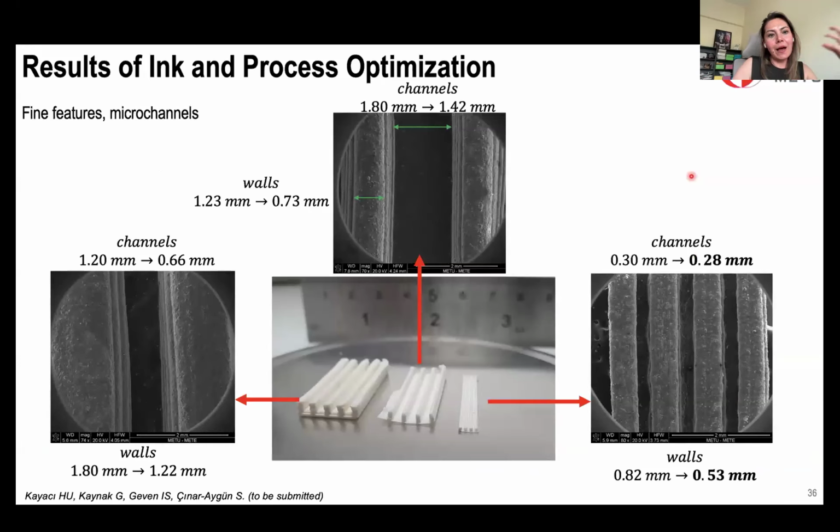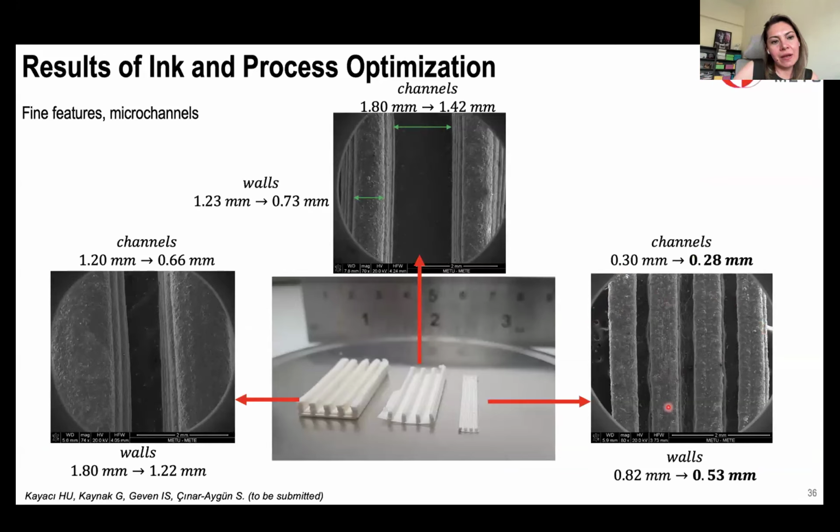Since we have these agglomerate- and aggregate-free inks, pastes, or suspensions, we were able to get rid of clogging issues. With that, we could obtain very fine features.